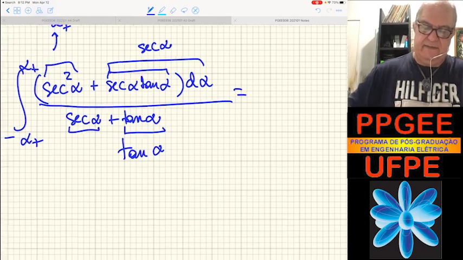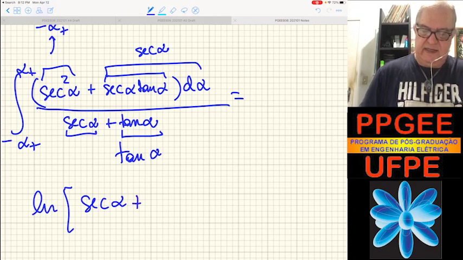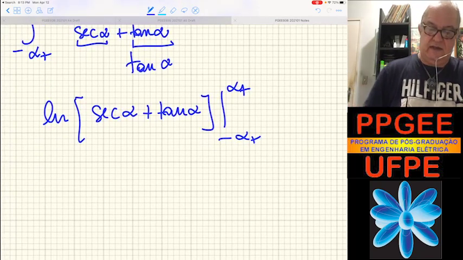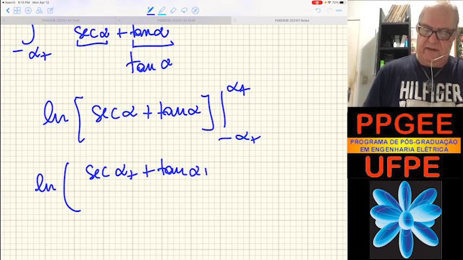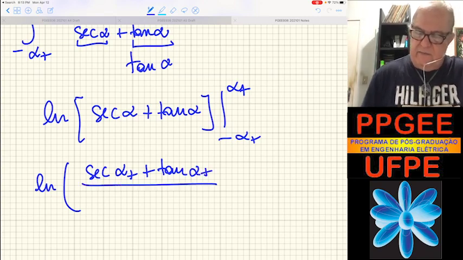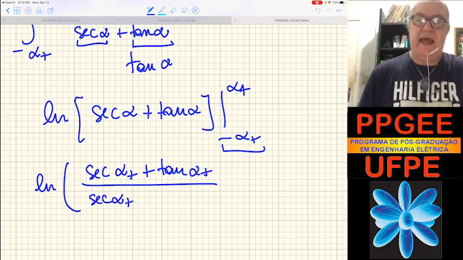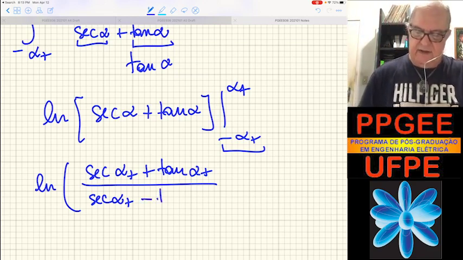So this is the logarithm of sec alpha plus tangent of alpha between limits minus alpha plus to alpha plus, which is going to be the ratio of sec alpha plus plus tangent of alpha plus, over sec of minus alpha plus, which is sec of alpha plus, and tangent of minus alpha plus, which is minus tangent of alpha plus.